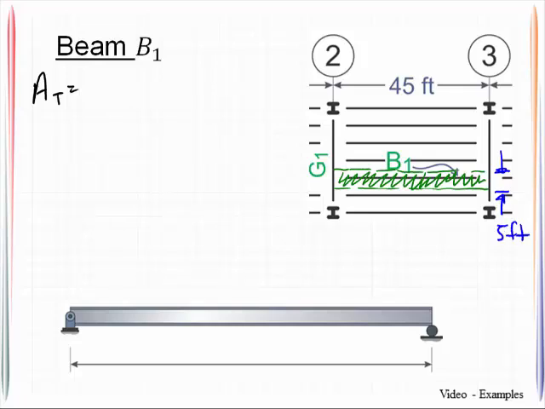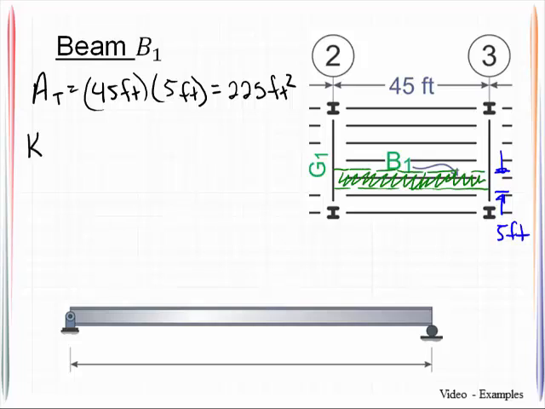We've already decided that those are a spacing of 5 feet, and that tributary area has a length of 45 feet. So let's go ahead and compute that. 45 feet multiplied by 5 feet, and this will give us a tributary area of 225 feet squared. Now, in order to find out if this is reducible, we need to compute the KLL AT factor.